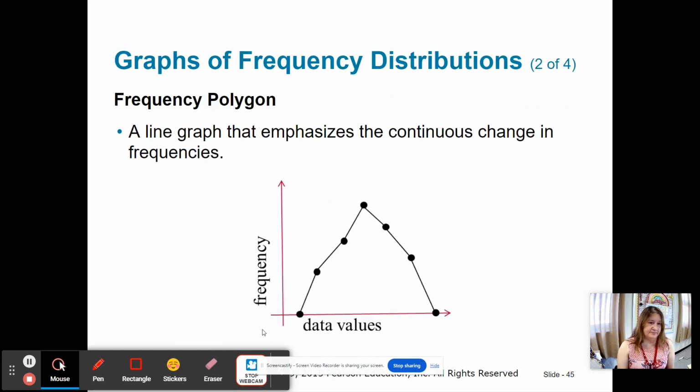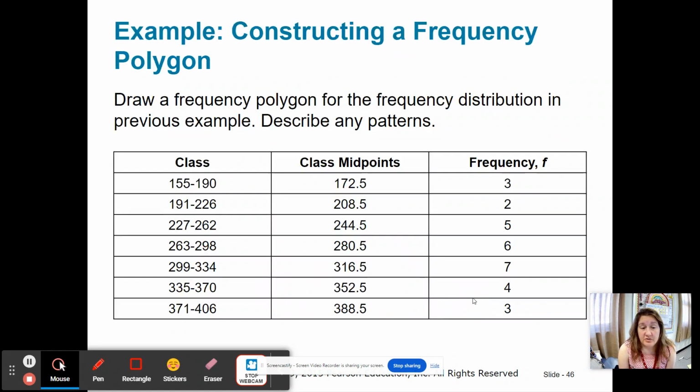Another graph is the frequency polygon, and it's a line graph where it connects to the x-axis on both ends. Well, in order to do that, we use our class midpoints. But wait a second, when you hit 172.5, you're technically supposed to have a frequency of 3. So how do you start on the x-axis where you're supposed to have a 0 for the frequency?